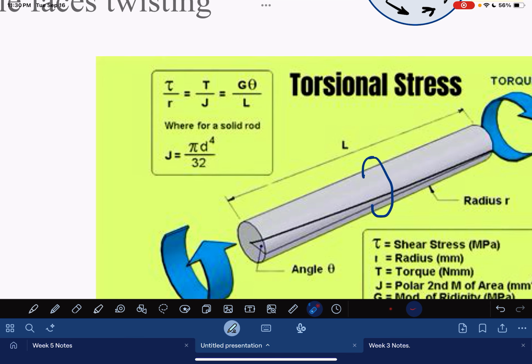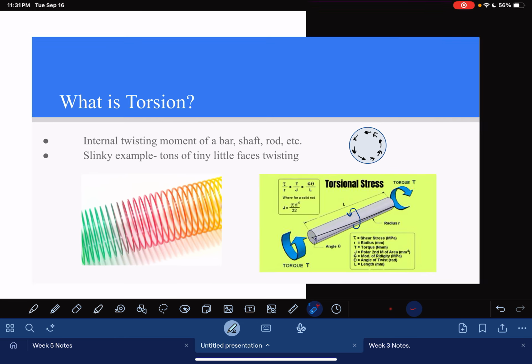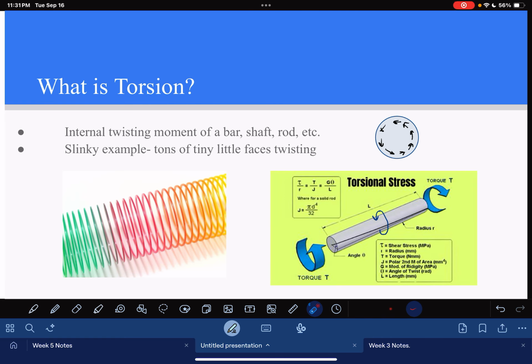It's not shown great here, but there's kind of an angle displaced from one point to the next point. But essentially, torsion is where a bar is rotating because there's two opposing torques on both ends.